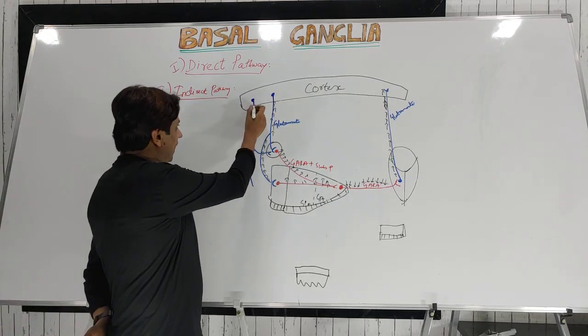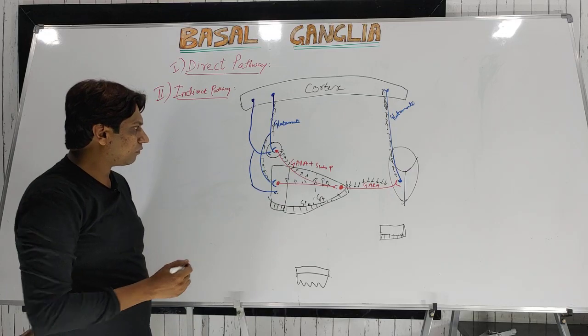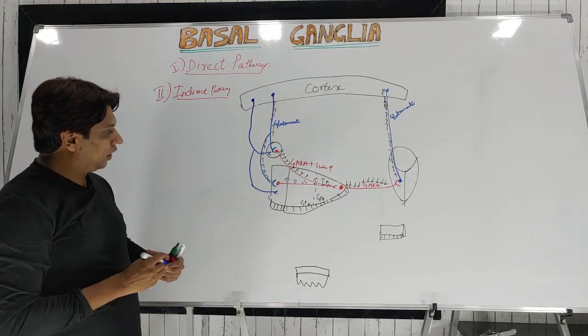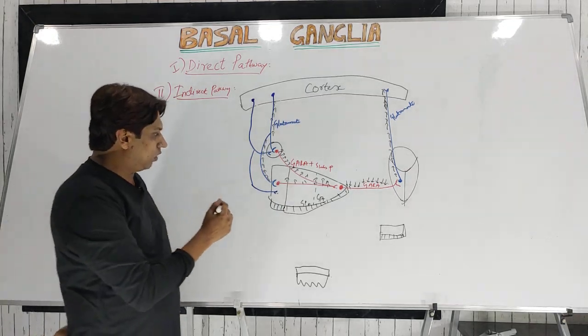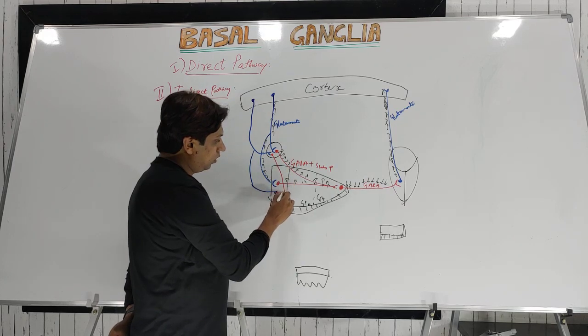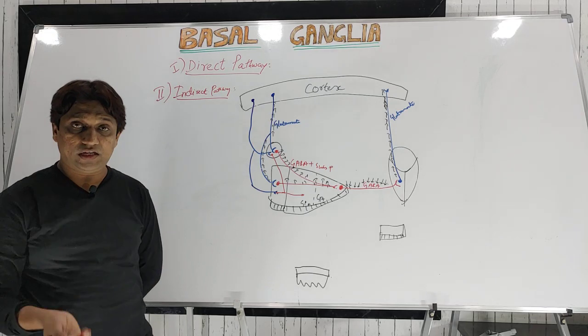Anyway, coming to this indirect pathway. Now what I am drawing here, the first thing will be the same. The neurotransmitter here is glutamate. Now from here, the second pathway is again of GABAergic neurons, but this will end in the globus pallidus externus rather than internus.